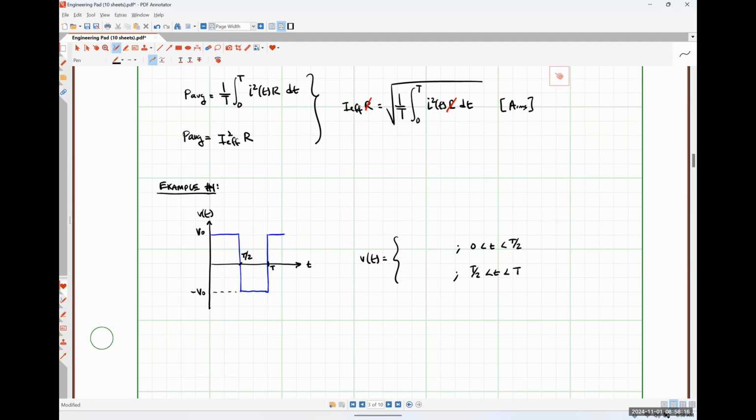Those are the two intervals that define my piecewise function. What are my voltage values? V naught and negative V naught. Nothing particularly difficult about that, I hope.